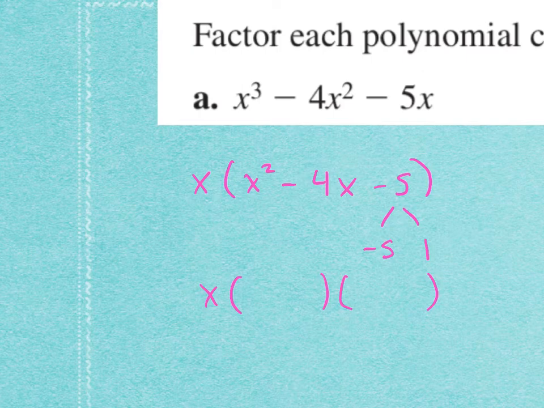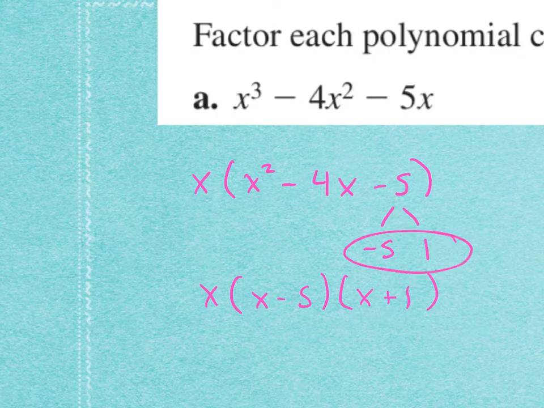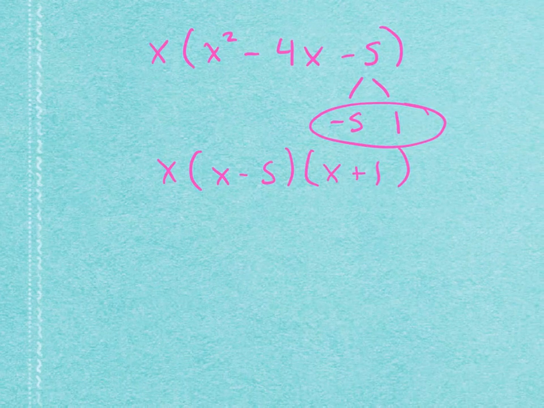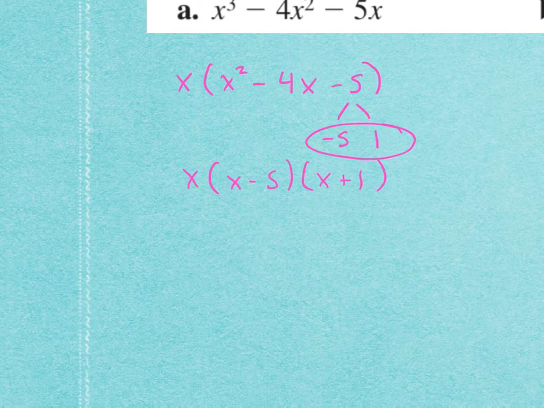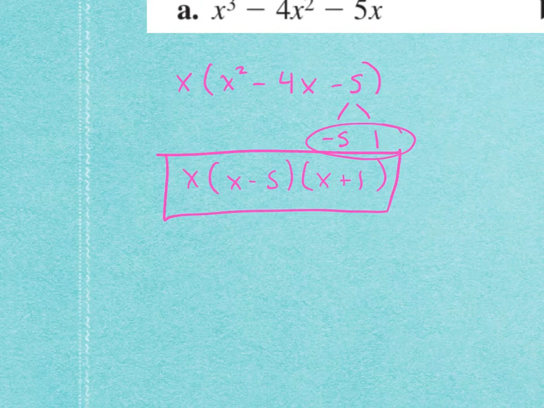What goes inside our first parentheses? X minus 5, and then? X plus 1. Remember, the signs that we put, that plus or minus in there, come from the signs here. So since it's a -5, we have to put minus 5. Since it's a positive 1, we put plus 1. And then we're done. This is as much as we can factor. So that's our answer.